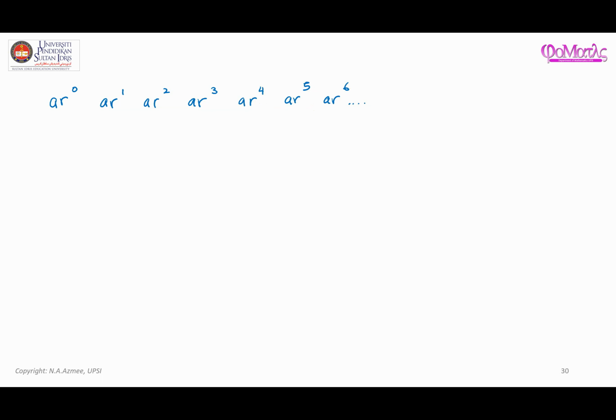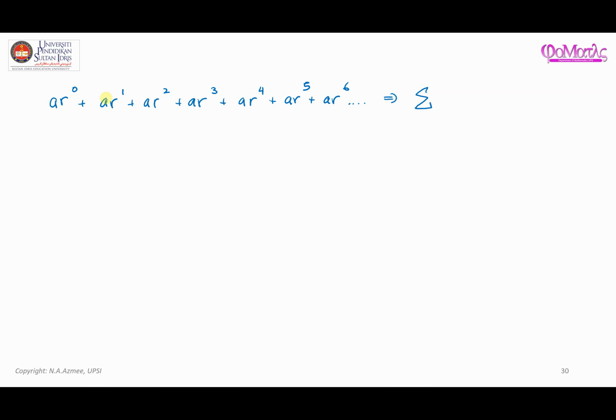Now, if this is your geometric series, you can simplify the process of finding the sum of the series. The sum of the series can be represented using the summation process, because this is obviously the process of adding up the terms.